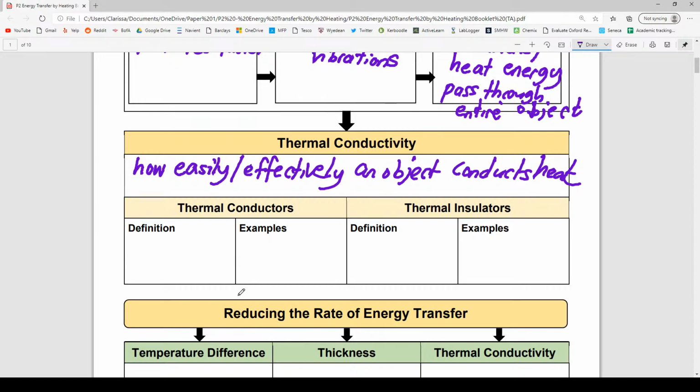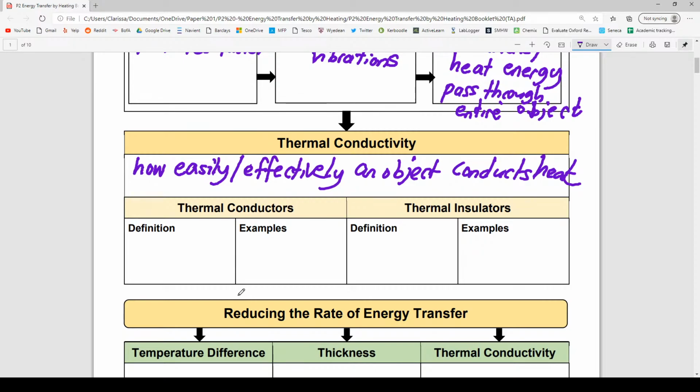It's important for us to know this because all of our designs with everyday objects revolve around this, right? What we choose to make a pan with depends on the thermal conductivity.